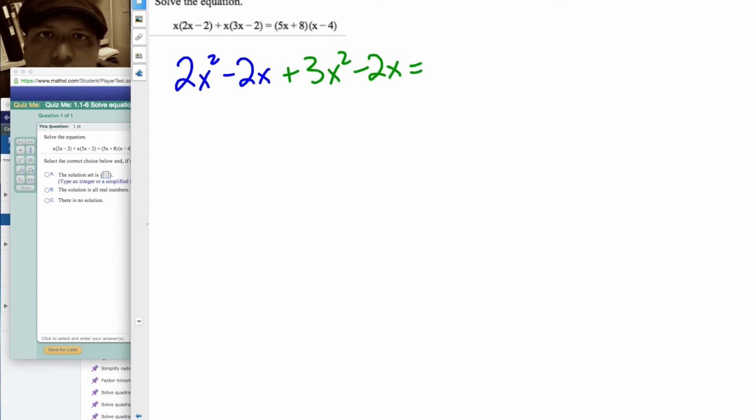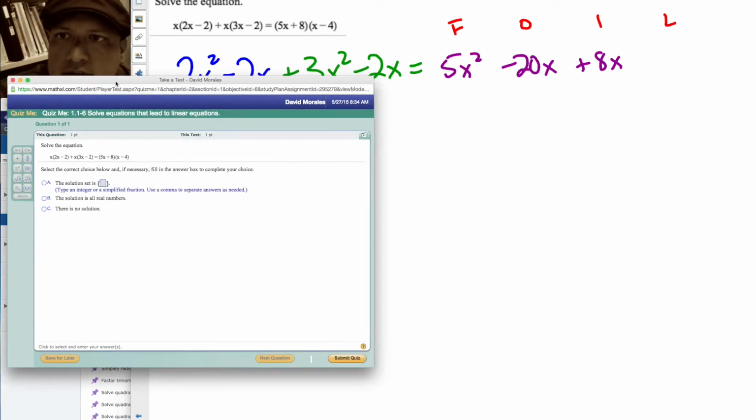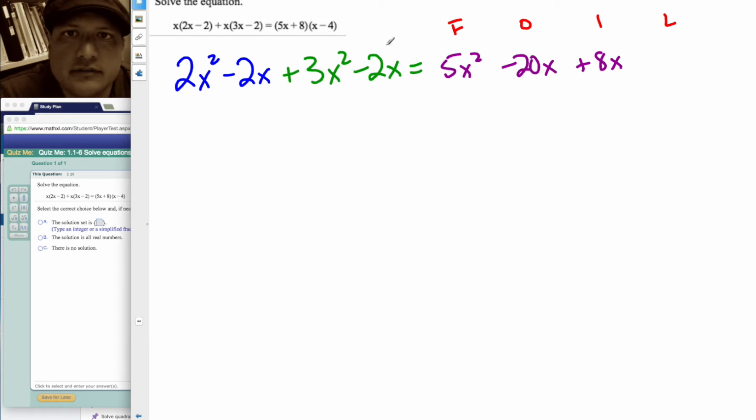And now we're going to have to FOIL here. So FOIL. So first is 5x squared. Outer is minus 20x. Inner is plus 8x. And then we have minus 32.